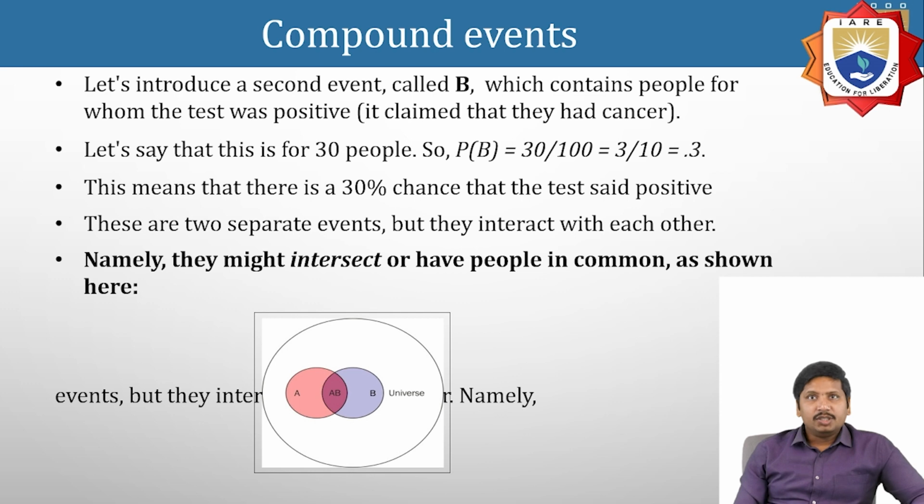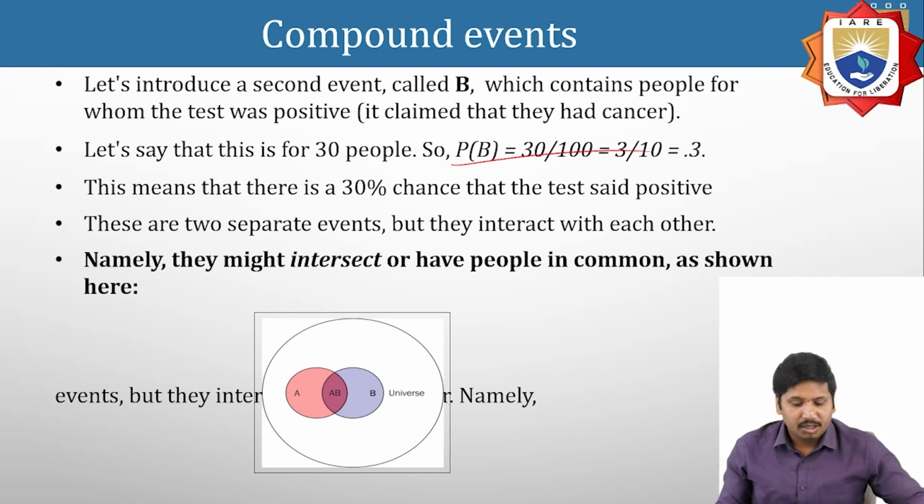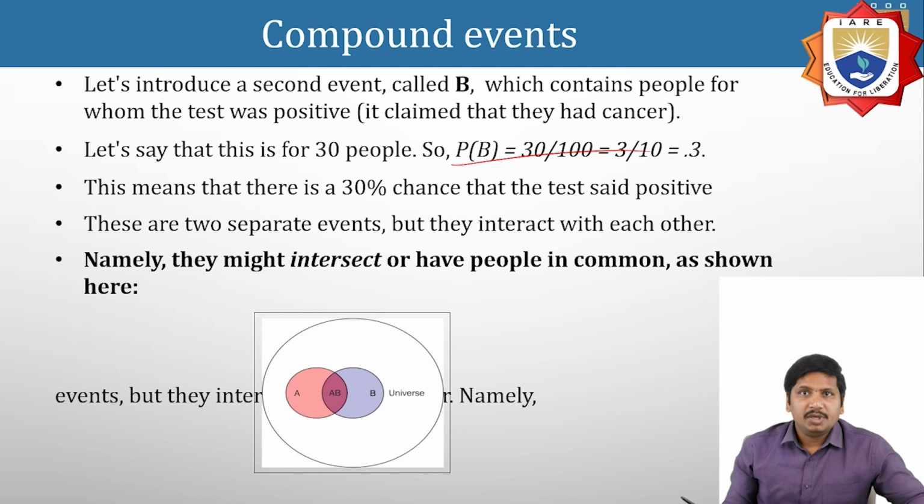Let's introduce a second event B, which contains the people whose test is positive. Let's say this is 30 people. So the probability of B is 30 by 100, that is 0.3, which means there is a 30% chance that the test is positive.